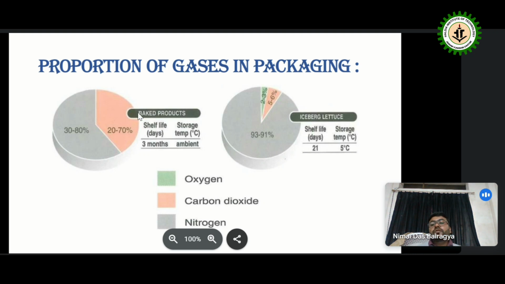Okay, likewise if we observe the baked product or bakery product, there we can use 30 to 80% of nitrogen and 20 to 70% of carbon dioxide for the preservation or for the packaging of the bakery product by using modified atmosphere packaging.